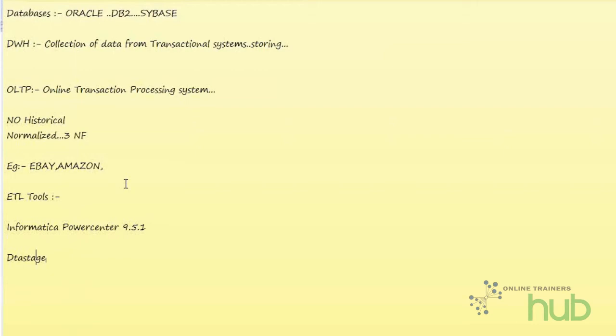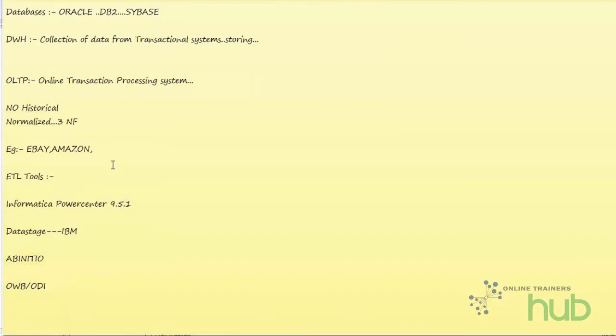We have DataStage, which is from IBM, and Ab Initio, which is from Ab Initio Corporation. We also have other tools like Oracle Warehouse Builder and ODI, Oracle Data Integrator, all available as ETL tools.